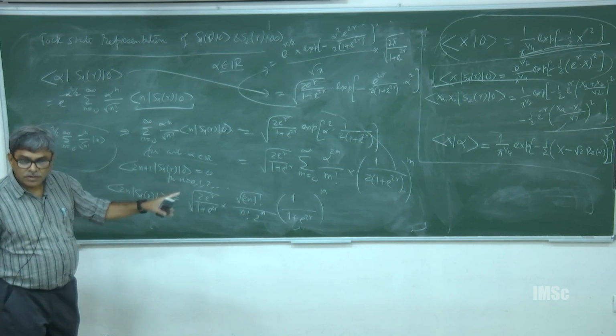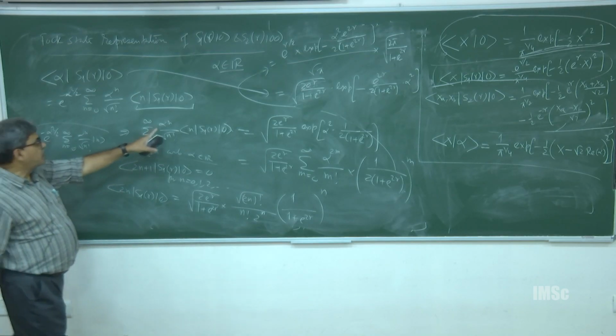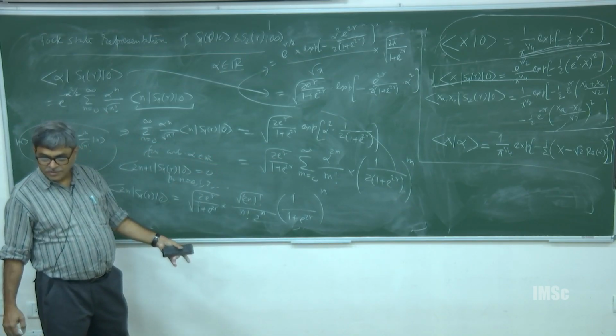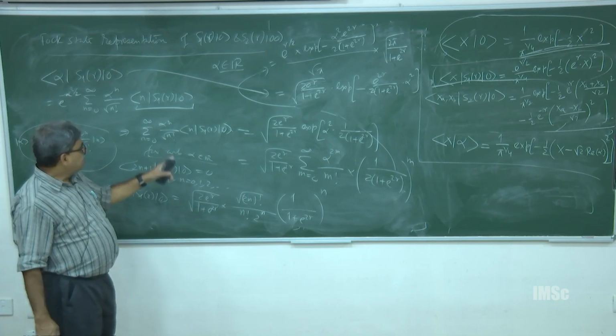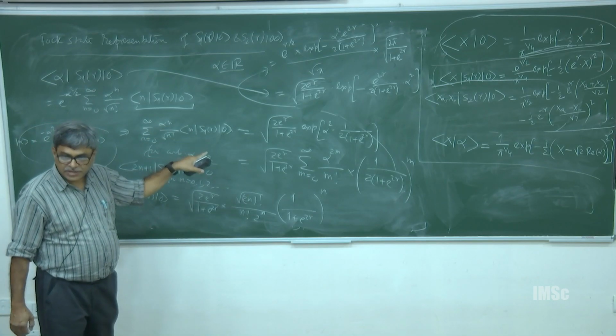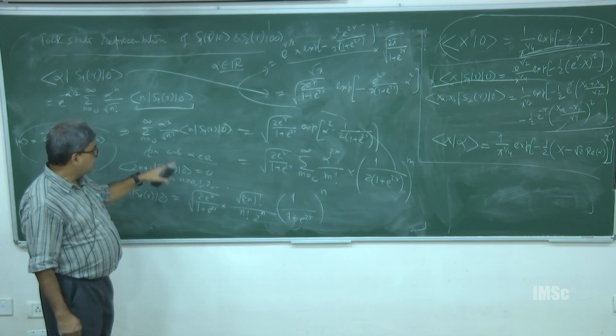So you are comparing by equating the power of. Yes, because this should be true for arbitrary real alpha, and how is that possible? Only when, because odd powers anyway are not there, so that will be 0. Equal to 2m. Yes, you can take an integer.